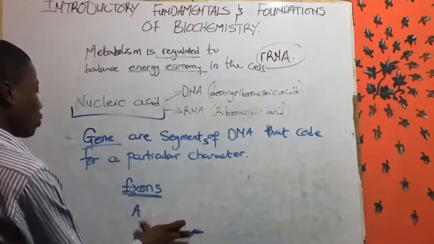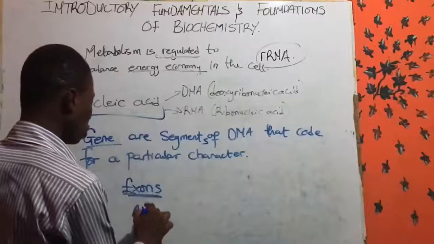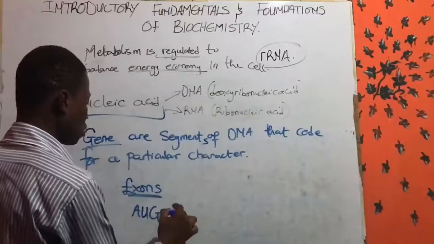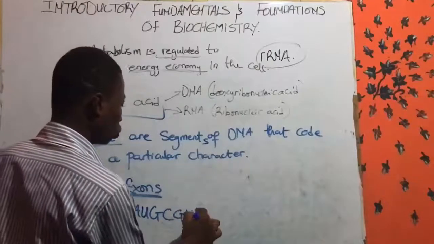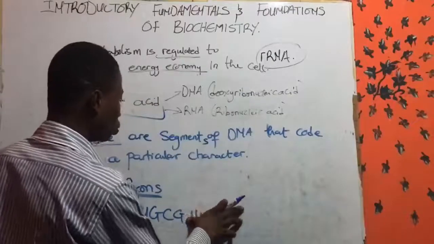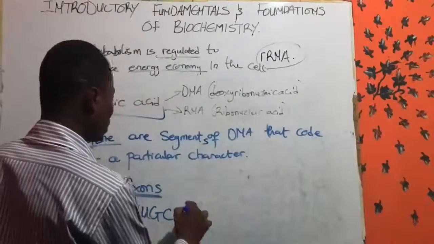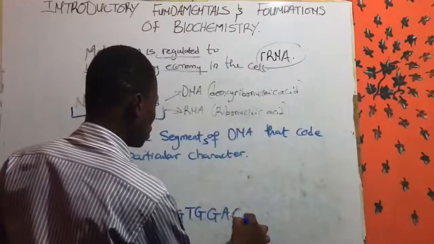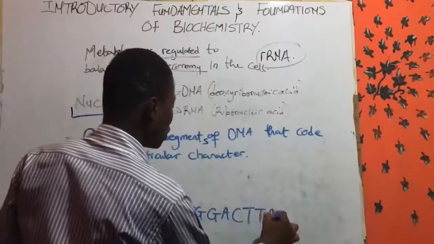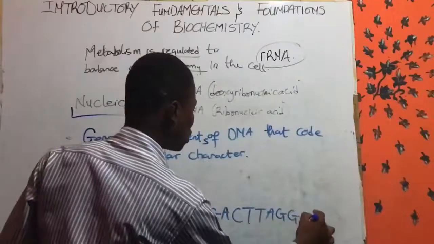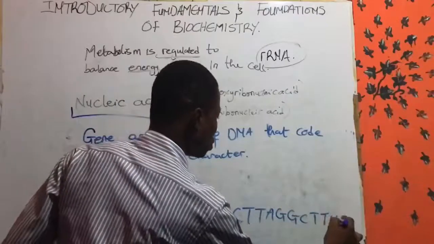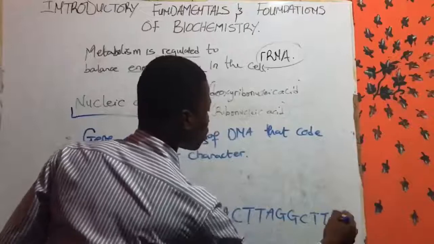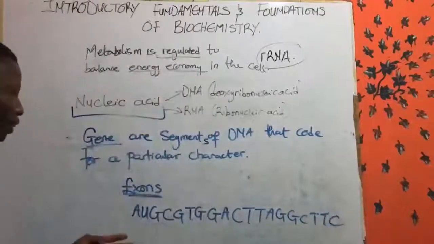Our DNA will always start with a particular code, A, U, G, C, G, U. Pardon me, you see U alone in RNA. T, G, A, C, A, G, C, C. Now, look at this.